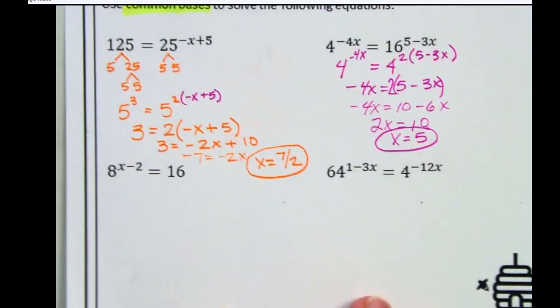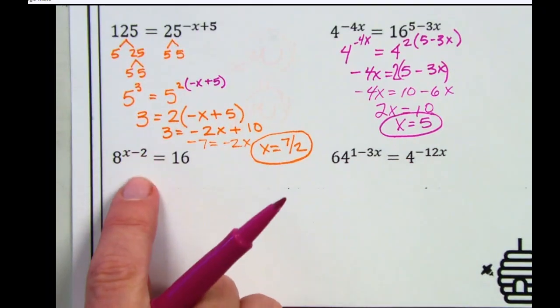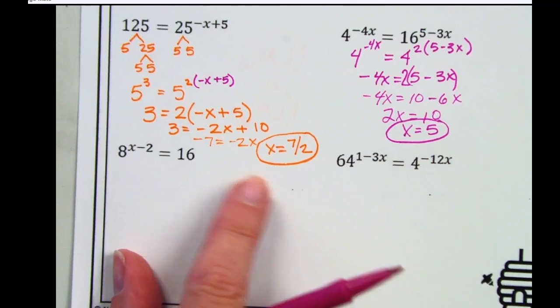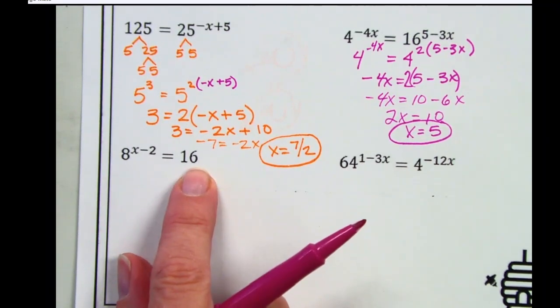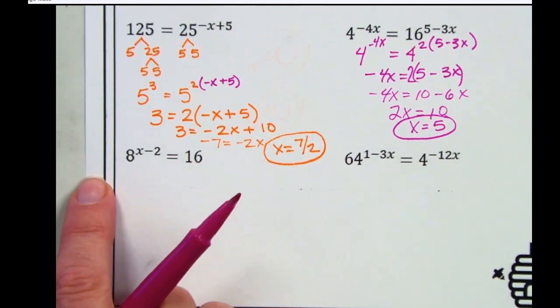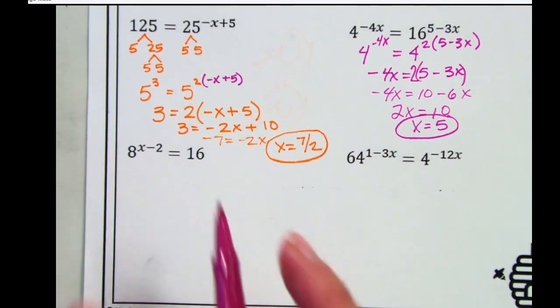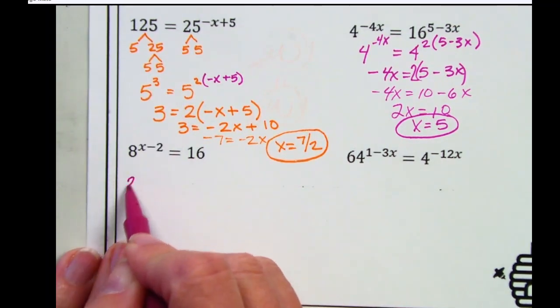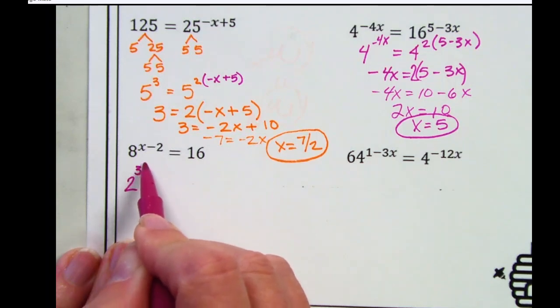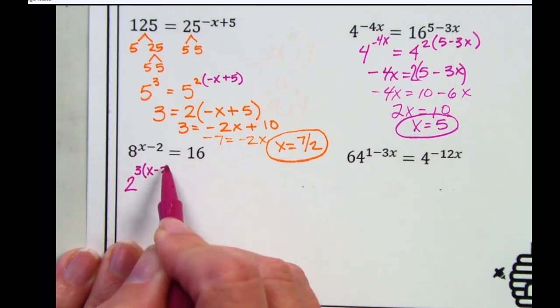On this problem here, can I take it down to 4 like I did a second ago? 16 was 4 squared, but I can't write 8 as 4 raised to a power. So this one does have to go all the way down to 2. So I know 8 is 2 cubed. I have an x minus 2.